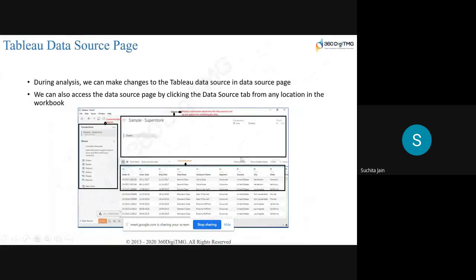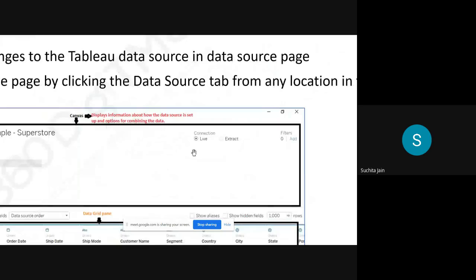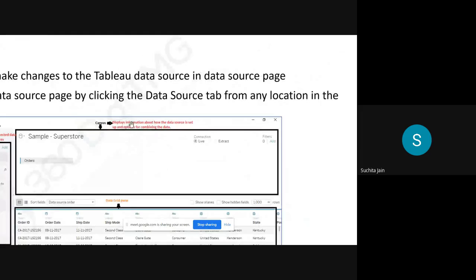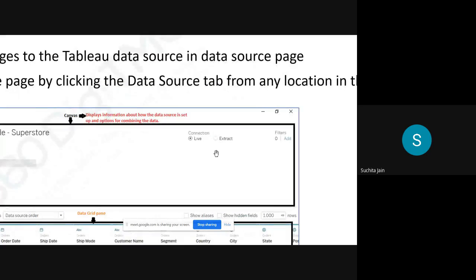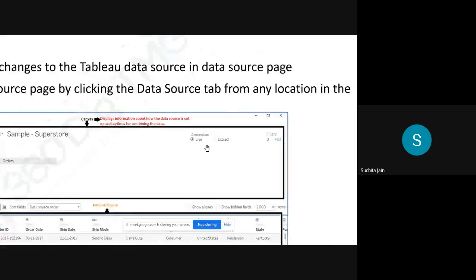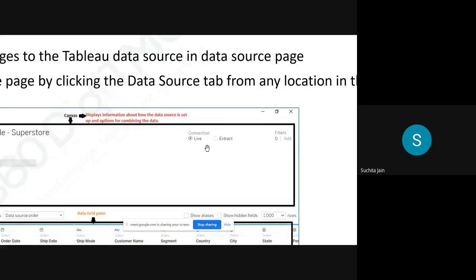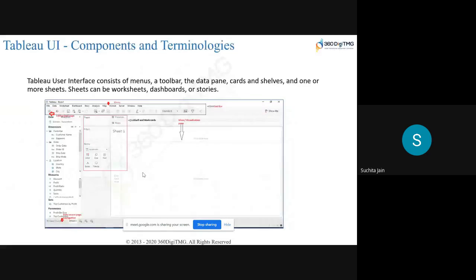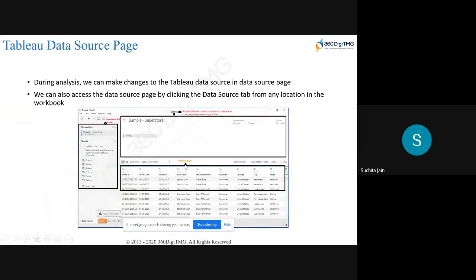It displays information about how the data source is set up and options for combining data. So the two things we have to pay attention to are whether it is a live connection or an extract connection. We need to check whether we are connected live to the data or we are extracting it and keeping it.